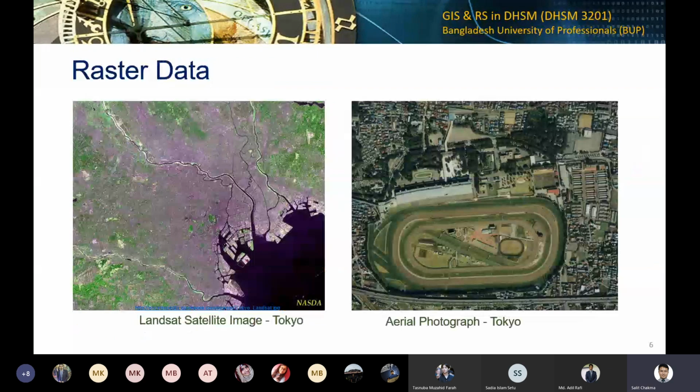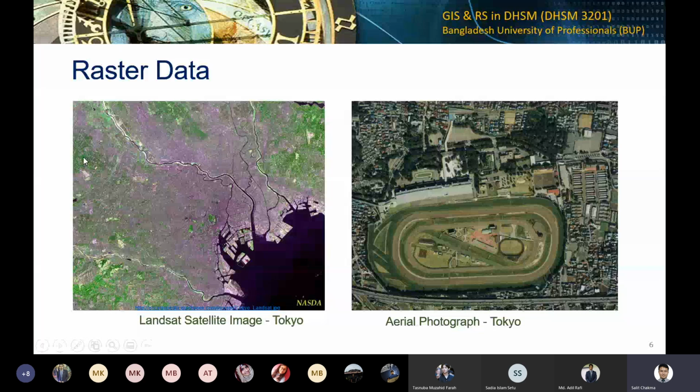Okay, so at the very first moment when you see an image, for example this one, it doesn't have any class. We see just pictures of some green area, then some purple pixels, and some dark pixels. If we look into the attributes, there are no classes, there is no information about the features, or the entities of reality.